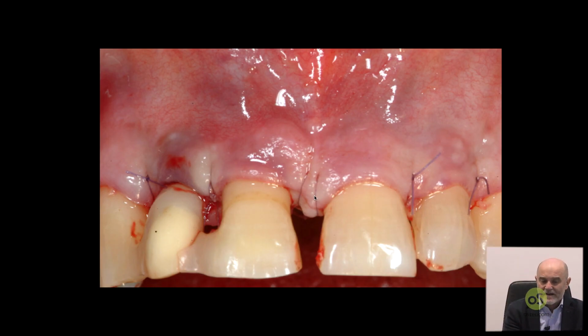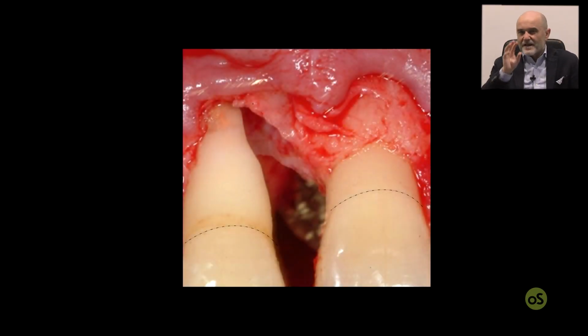And the only area in which there is no direct closure is where the supracrestal component of the defect is closed by first intention. So if you look at these sites, more specifically, you can achieve exactly the same outcome we are used to achieving in mucogingival surgery.